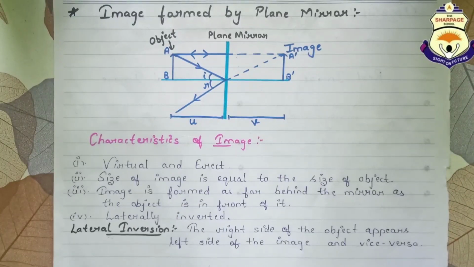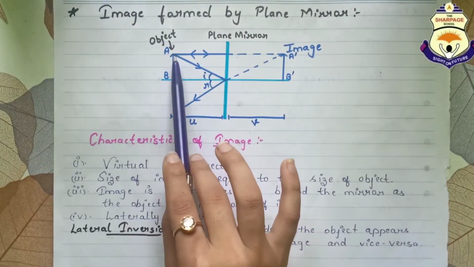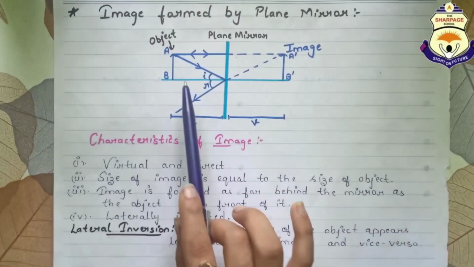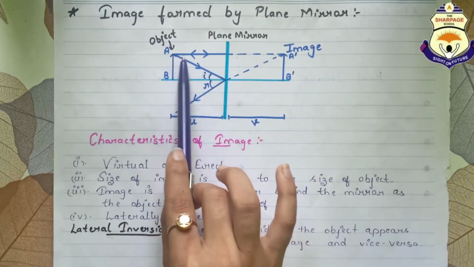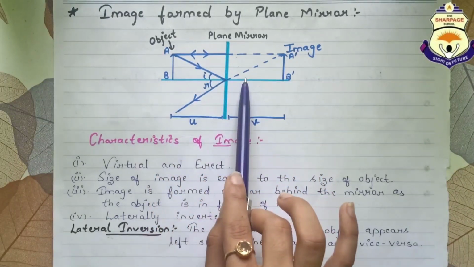Now let's study image formation by a plane mirror. Here in this diagram, we can see an object AB placed on the axis and a ray of light incident on the plane mirror which is parallel to the axis.